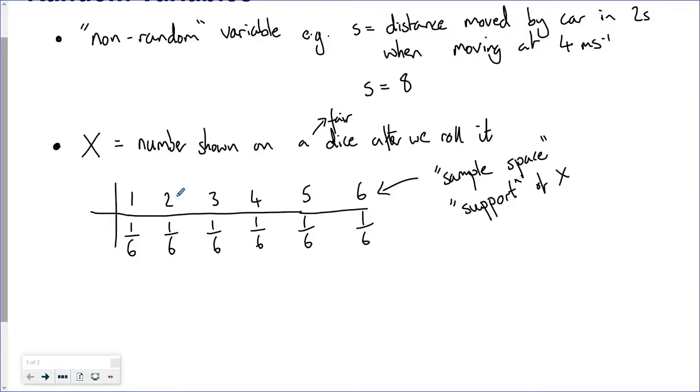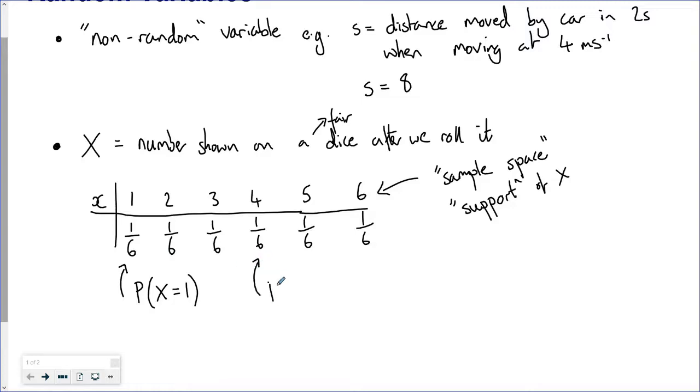Each of these values of the sample space, we denote by a little x. So when you see little x, that's not random. Little x is the specific values that capital X could take. And underneath here, this is the probability that capital X is equal to 1. What's the chance that our random variable after the experiment is equal to 1? Well, that's a sixth.